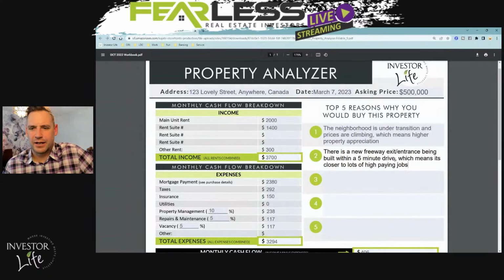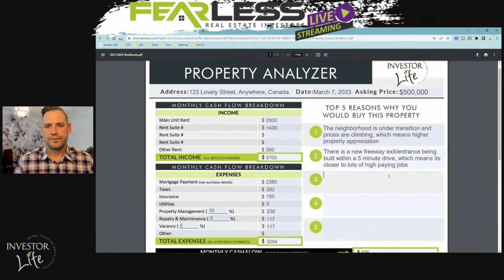You notice again there, guys, we want to not only put the benefit, we want to make sure that we are clear why that benefit is good for us as an investor.